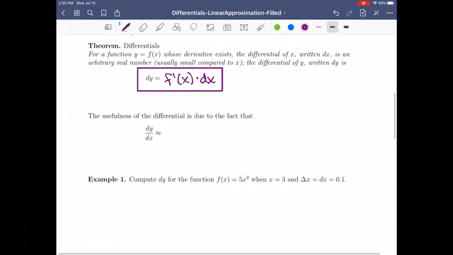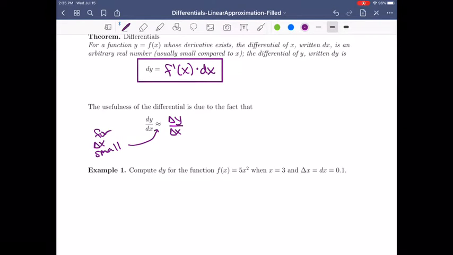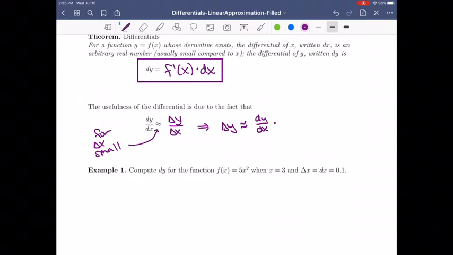The reason this is useful is because for delta x small, so when we're close to 0, dy over dx is approximately delta y over delta x. So if I solve for delta y, it's going to be approximately dy over dx times delta x.